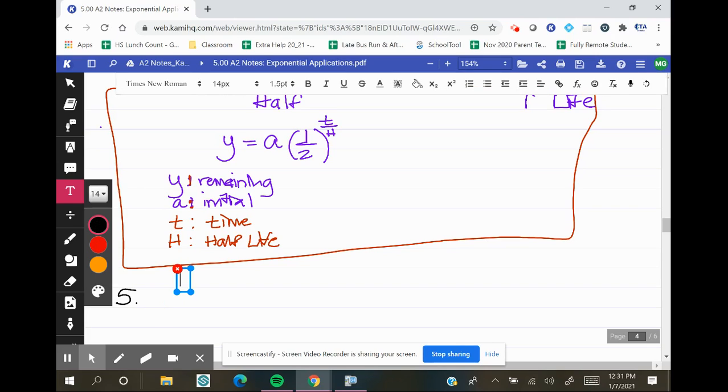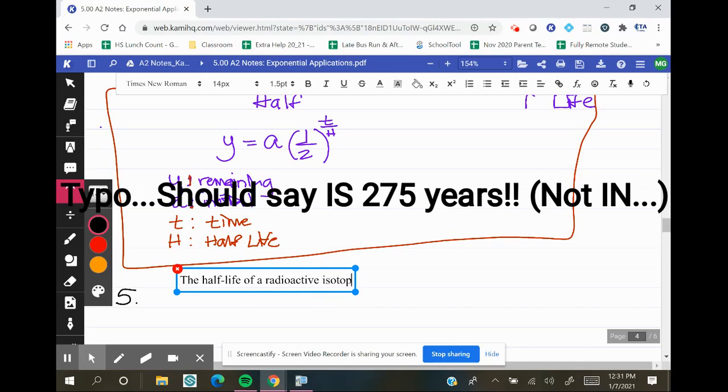Maybe it won't lag so much. Okay. The half-life of a radioactive isotope is 275 years.